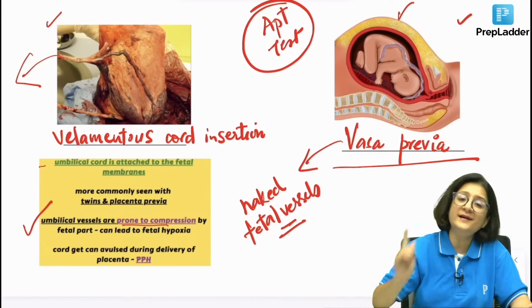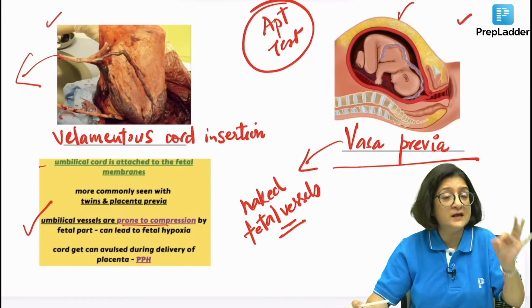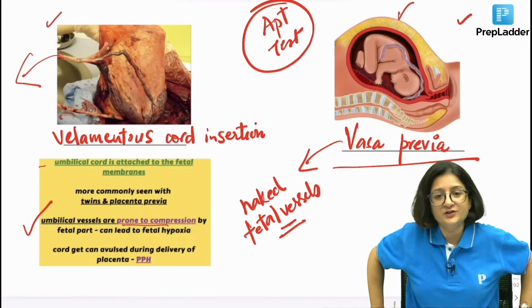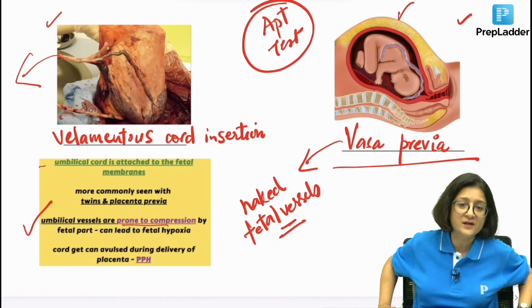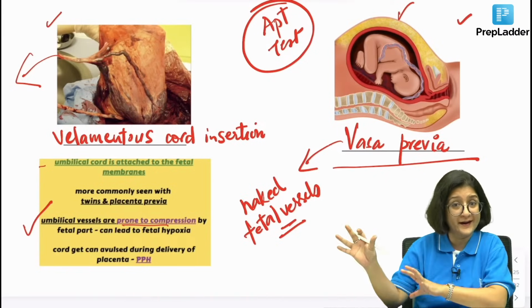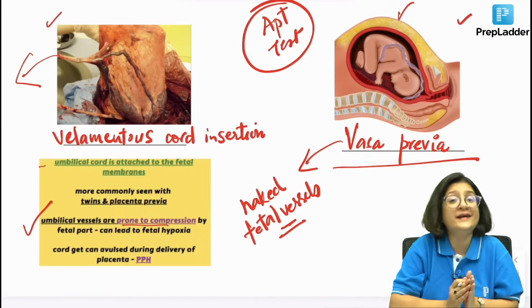And there is a quantitative test. What is that quantitative test? When we find fetal RBCs in maternal circulation to detect feto-maternal hemorrhage, that is the KB test, okay? So remember, Apt test is different, qualitative, and KB test, Kleihauer-Betke test, is quantitative.